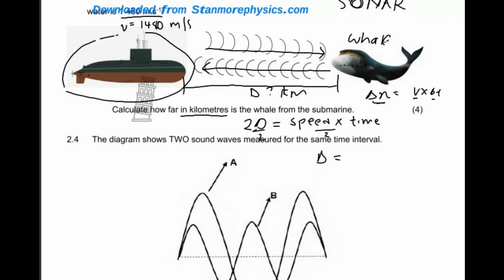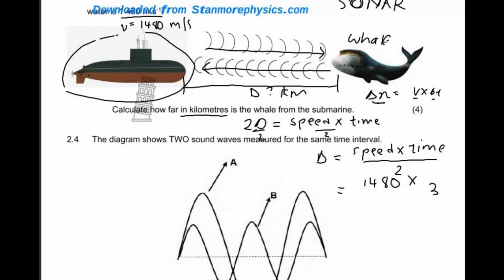So the distance d is the speed times time divided by 2. I need to learn to write better. That looks nicer, right? So we have the speed, which was given to us as 1480, multiplied by the total time it took, which was 3.